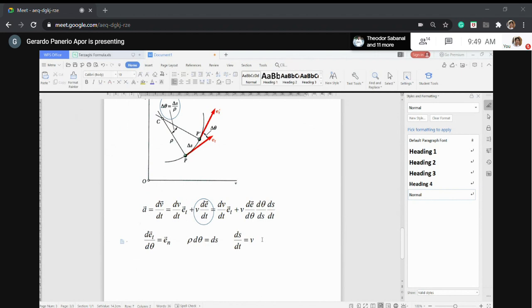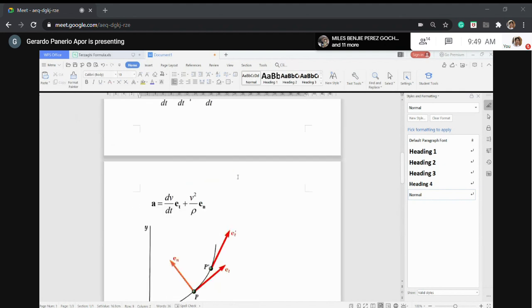If we substitute all of that into that equation, we form a new equation. Leaving the first term dv dt et, this long equation after inserting d theta ds over d theta ds, when you substitute, becomes this one, which is similar to this equation.